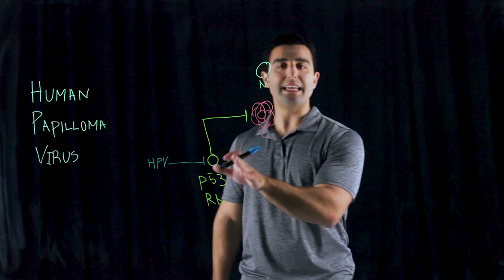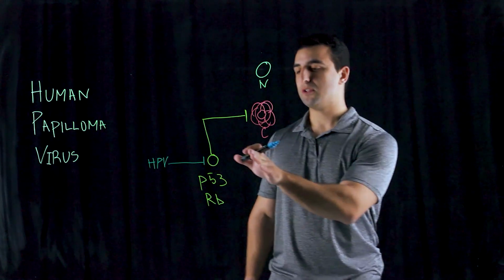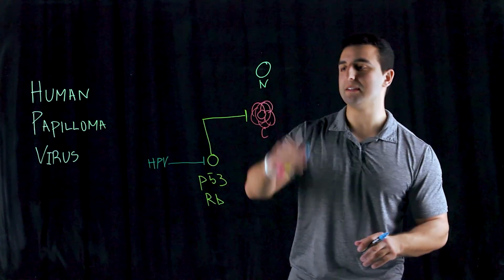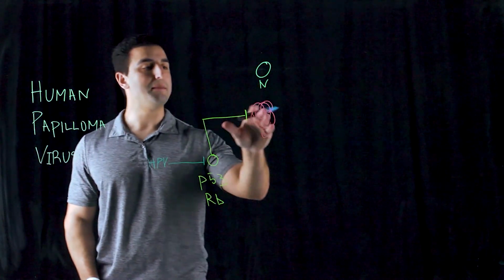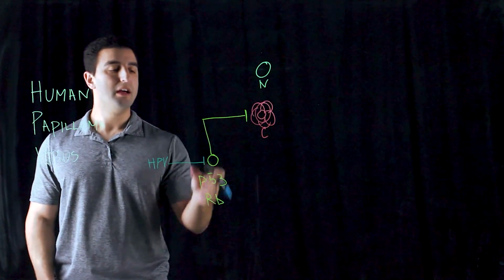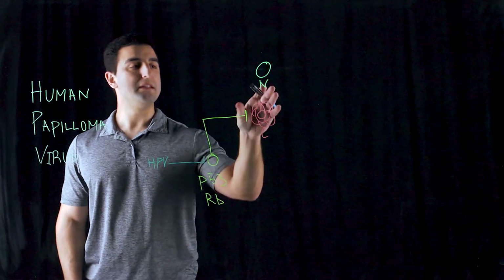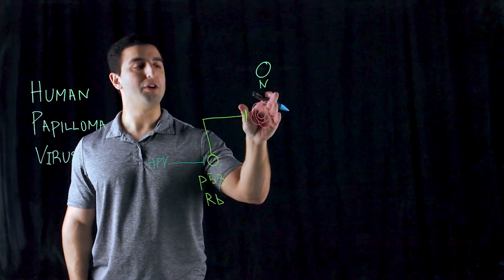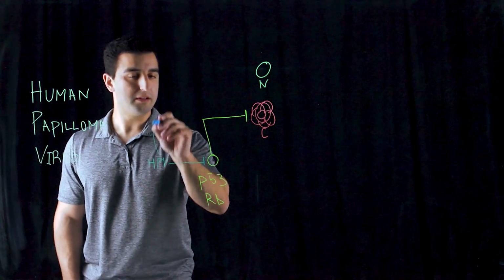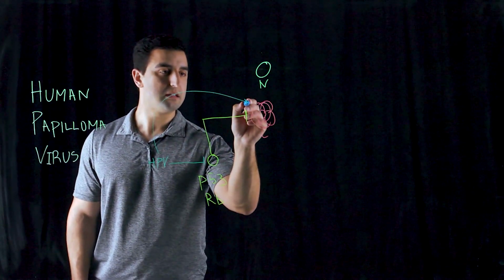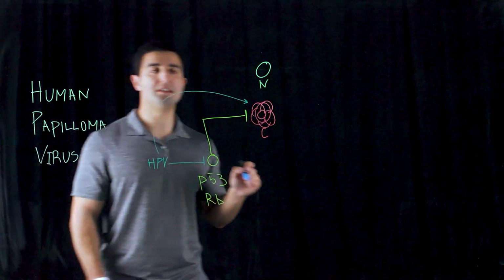Now you have an inactive tumor suppressor. So what would happen mechanistically? Originally these tumor suppressors inhibit the growth of the cancer cell. No tumor suppressor means you don't have regulation of these cancers. So HPV, if you make another arrow, leads to the progression of these different types of cancers.